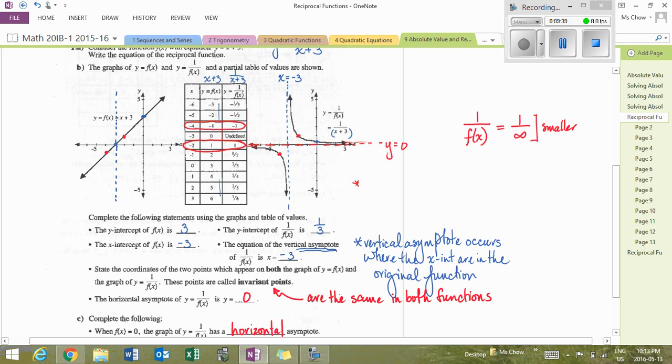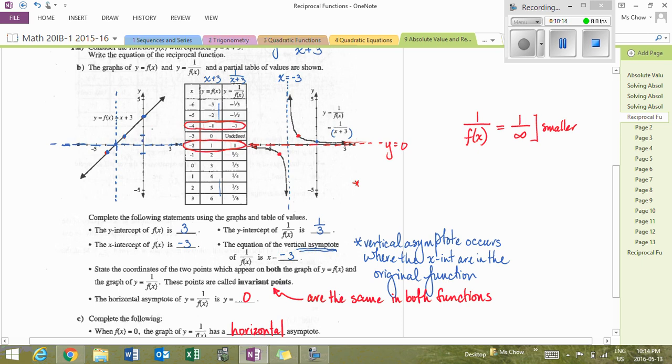Next thing that I know is that my invariant points happen at y equals 1 and y equals -1. So where are those on the graph? Right here and right here. What else do I know? I know that there's a horizontal asymptote that's going to occur at the x-axis, y equals 0. One other thing that I know is that because the y-intercept is 3, the reciprocal is going to be 1 over 3.